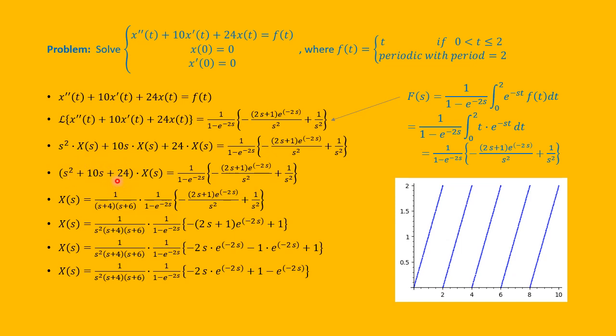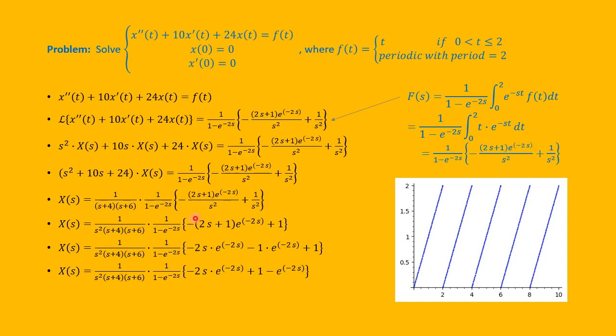One thing that we notice is that this quadratic factors into (s + 4)(s + 6). So when we divide both sides of this equation by this polynomial, we get that X(s) is 1 over (s + 4)(s + 6) times this stuff, which we have right here.